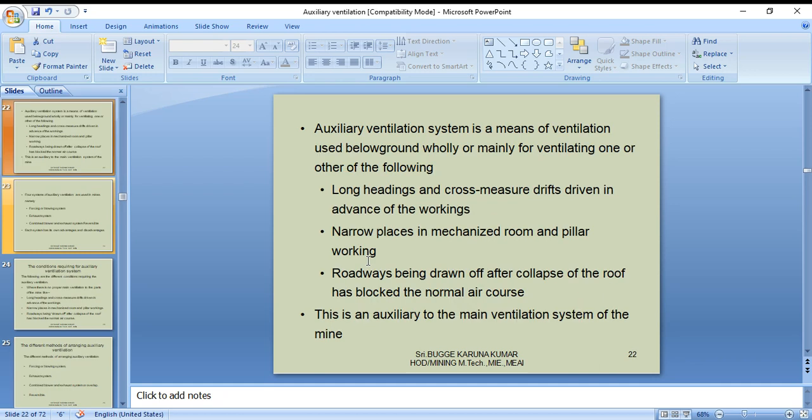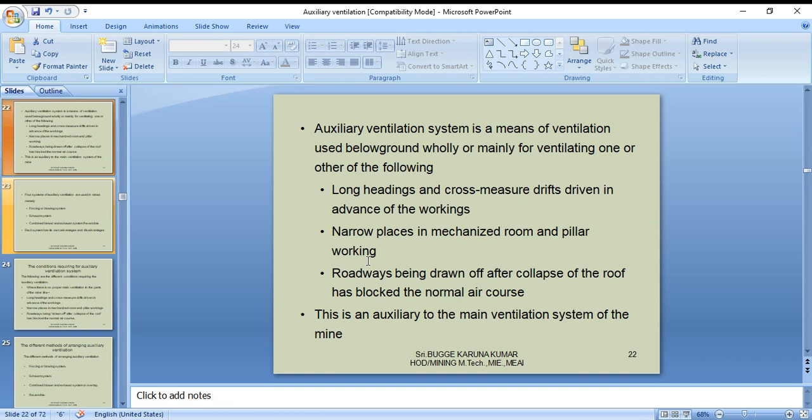So the auxiliary ventilation system is the means of ventilation used below ground wholly or mainly for ventilating one or other of the following: long headings and cross measure drifts driven in advance of the workings, narrow places in mechanized room and pillar working, and roadways being drawn off after collapse of the roof has blocked the normal air course.